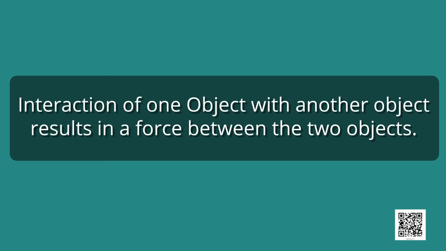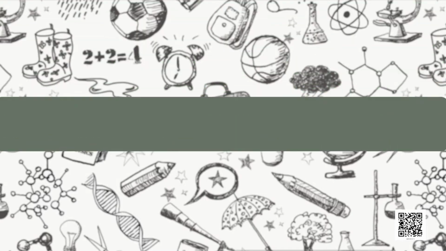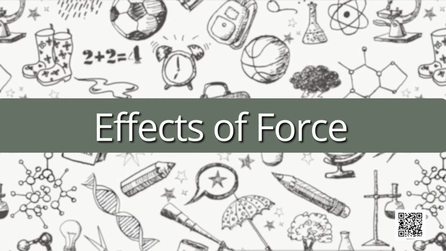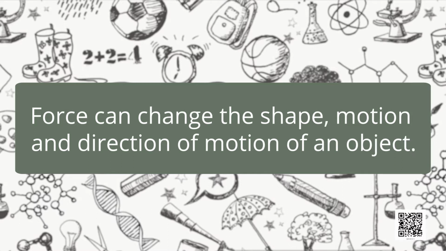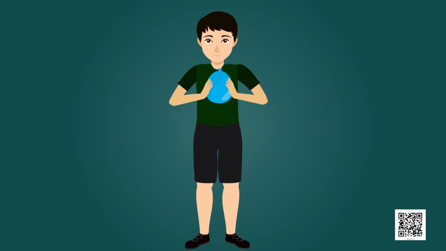Now, students, let us have a look at the effects of force. Force can change the shape, motion and direction of motion of an object. Inflate a balloon and try to press it.